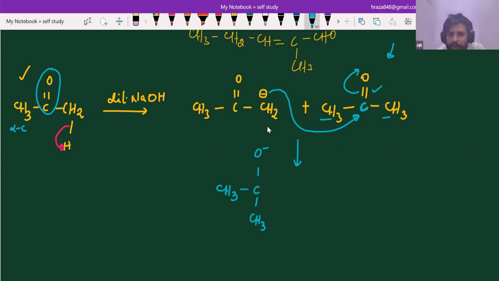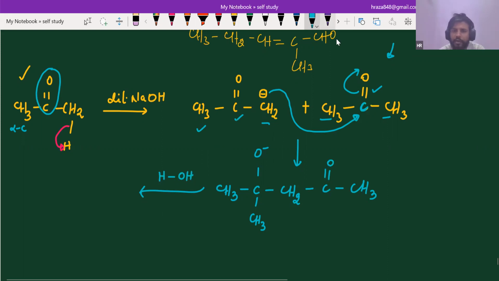Now, this CH2 is making bond with this carbon, that is CH2. And after this, you can see this is your C double bond O is there. And then the CH3 is there. So I'm going to write it like this. And after this, I'm going to hydrolyze this. So H2O has 2 parts, H plus and OH minus, as you know that.